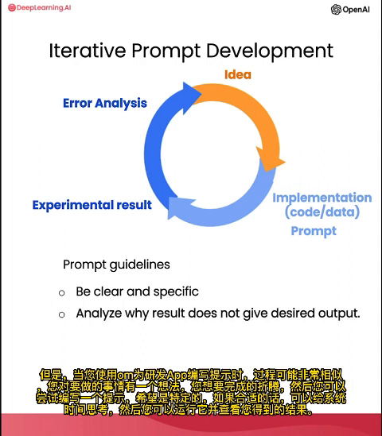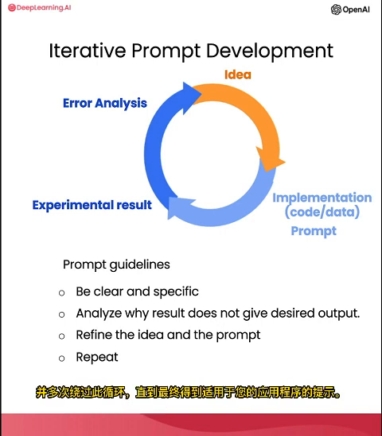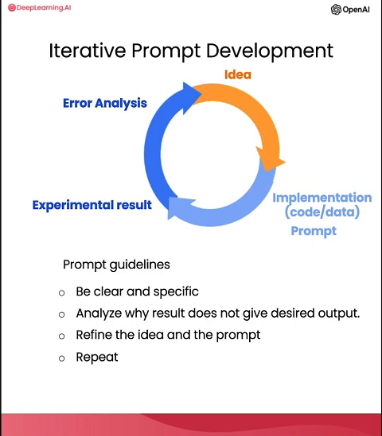And then you can run it and see what result you get. And if it doesn't work well enough the first time, then the iterative process of figuring out why the instructions, for example, were not clear enough, or why it didn't give the algorithm enough time to think, allows you to refine the idea, refine the prompt, and so on, and to go around this loop multiple times until you end up with a prompt that works for your application.